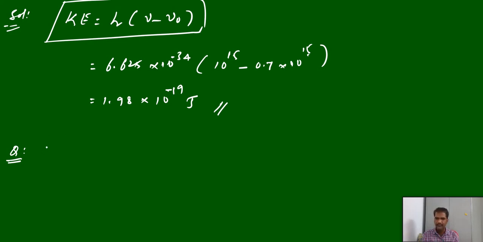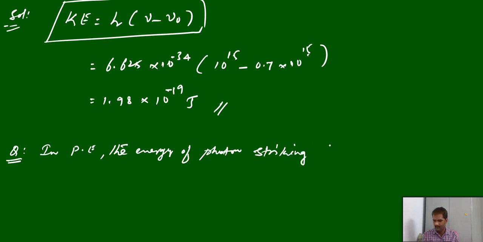In the photoelectric effect, let me take directly P. The energy of a photon striking a metallic surface is 5.6 into 10 power minus 20 joules.